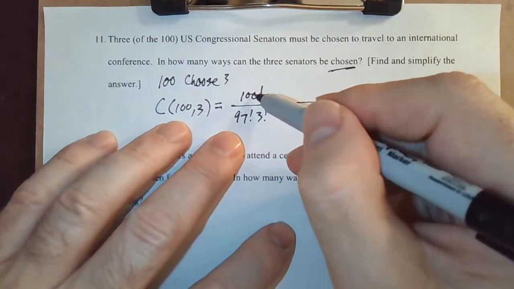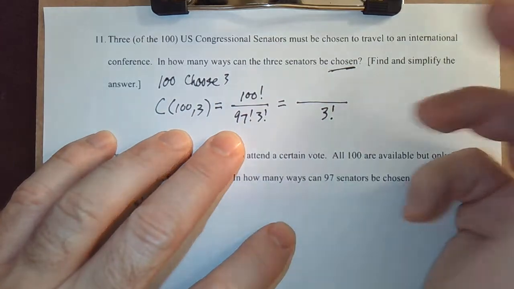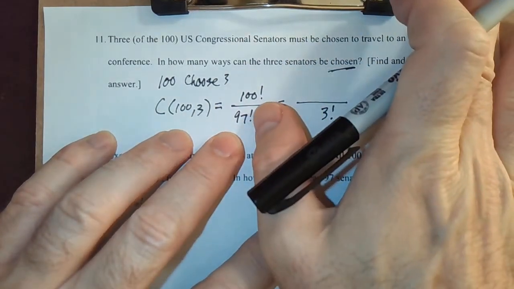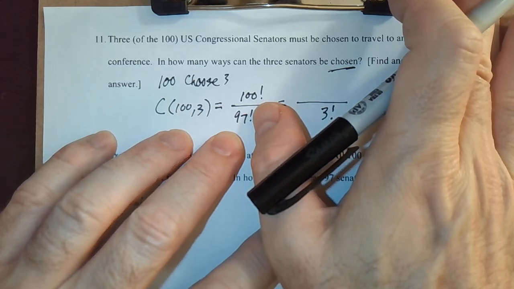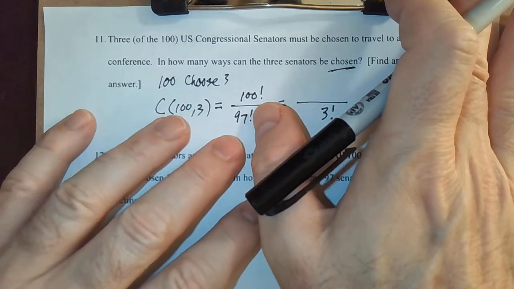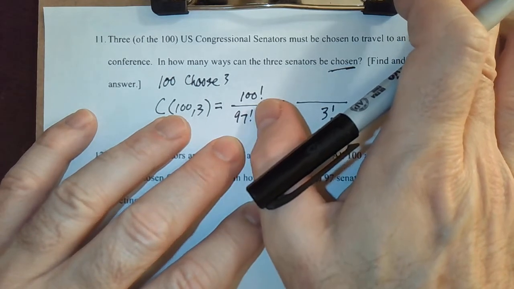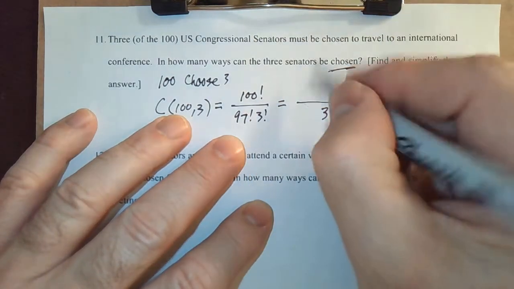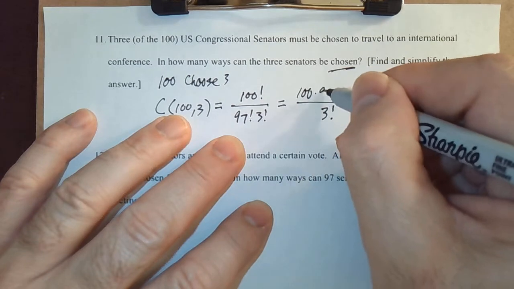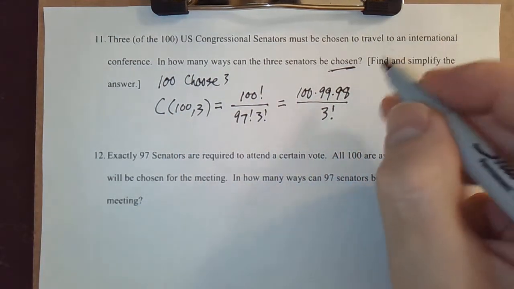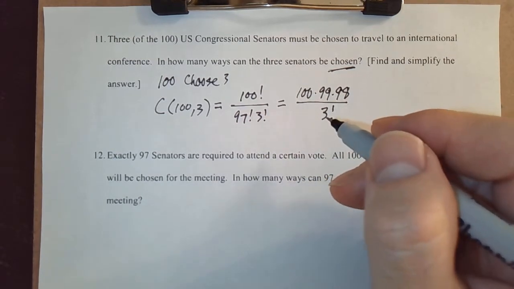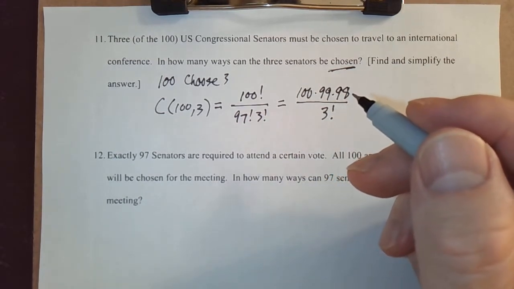How do I cancel the 100 factorial over the 97 factorial? 100 factorial is 100 times 99 times 98 times 97 factorial. So the 97 factorials would cancel, leaving me 100 times 99 times 98. And the 3 factorial is just equal to 6.